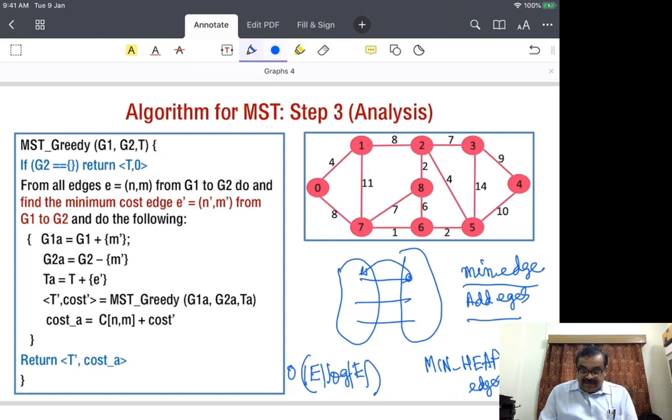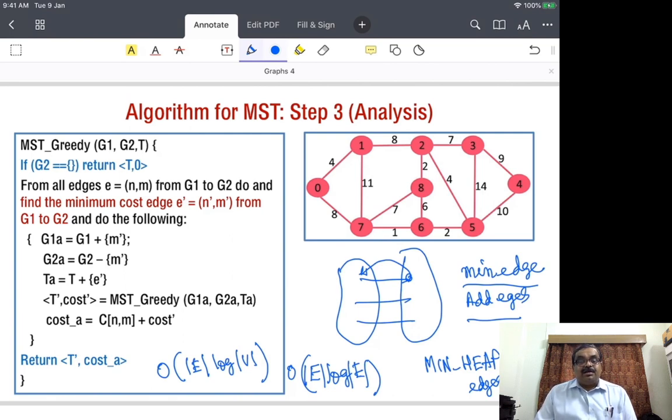E can at most be V squared, and log of V squared is 2 log V. So this actually turns out to be an order E log V. This is the simplest way to implement this algorithm.